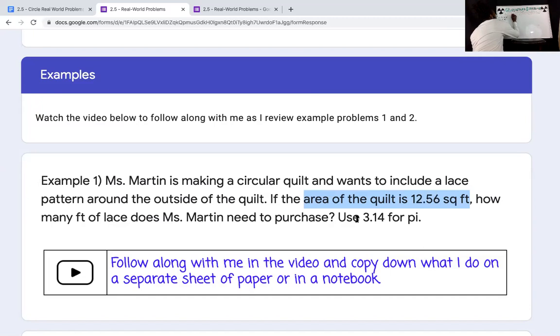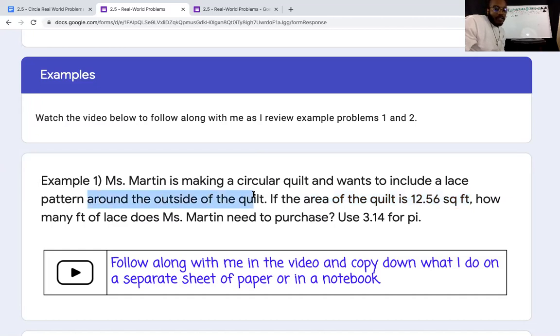And what I'm looking for is something that is going to go on the outside or around the outside of the quilt.